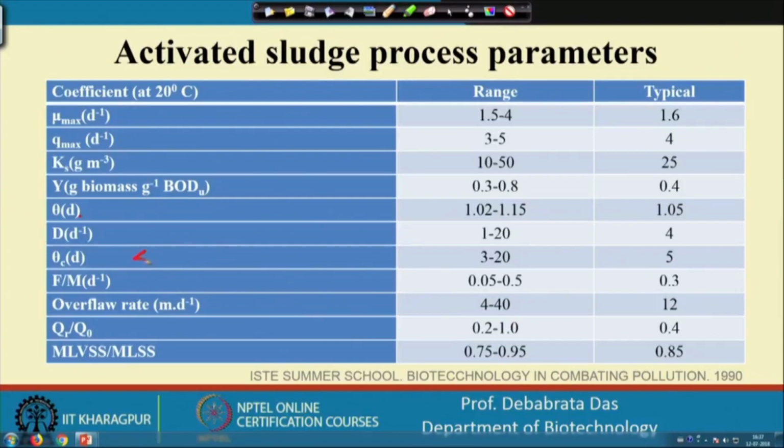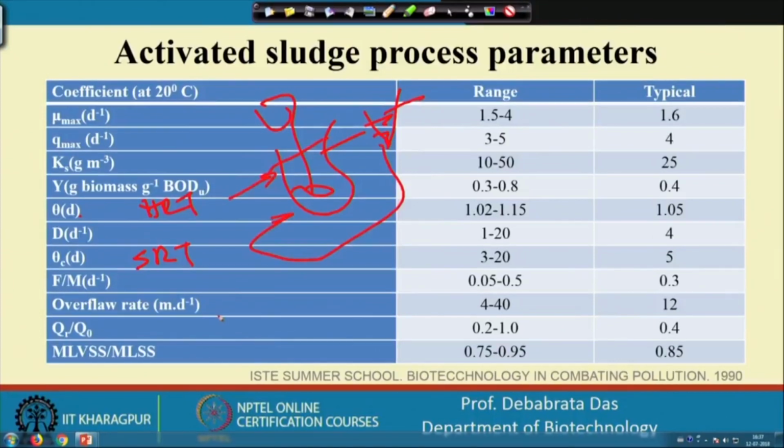Now, here I want to point out this is SRT and this is the HRT. The main purpose, when we use, suppose, a CSTR and here you have some kind of separator, you recycle back to the system.